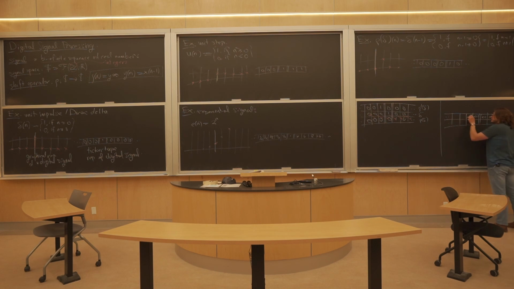And here it is x of minus 1, x of minus 2, x of minus 3, and so on. Now, in the second ticker tape, I should see rho of x. And based on what we discussed here, this is the effect of applying rho. Which means that I should see here x of 0, here x of 1, and so on, and here x of minus 1, x of minus 2, x of minus 3, x of minus 4, and so on. Any questions about these so far?